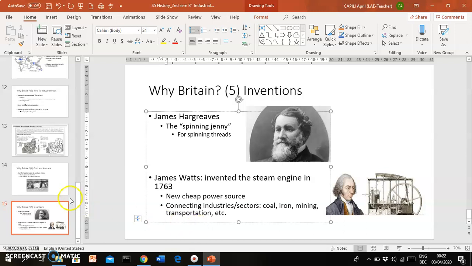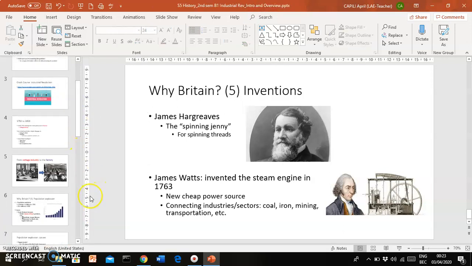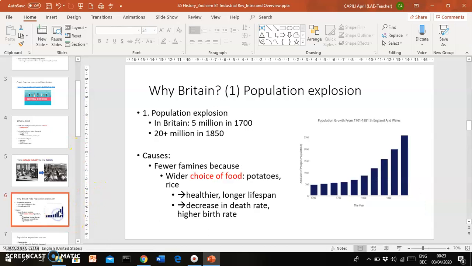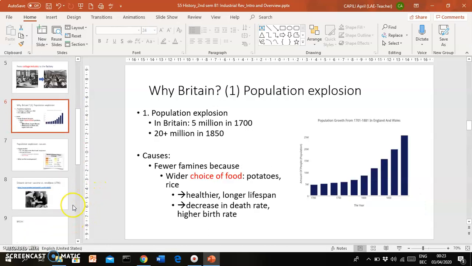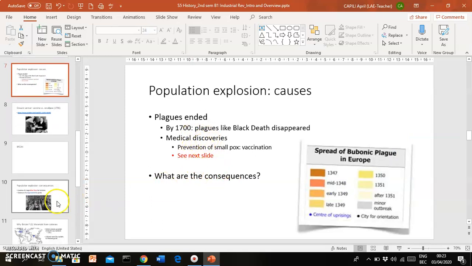Okay. Again, these are the different reasons why the Industrial Revolution started in Britain. Let me just say it again. You have population explosion. Connected to that, medical discoveries.